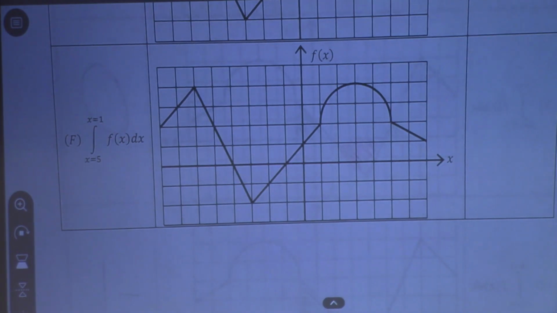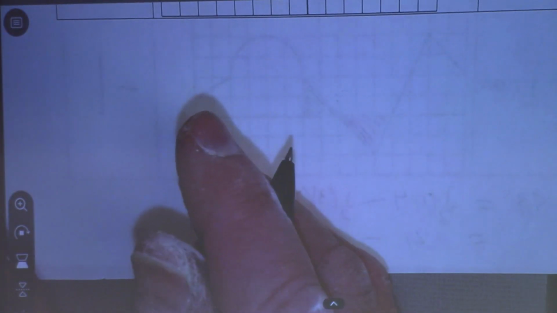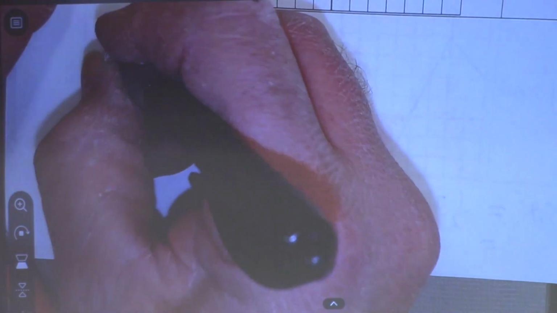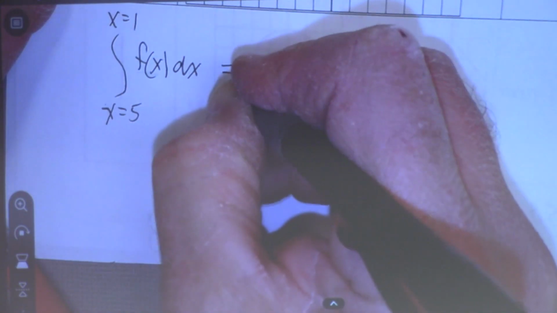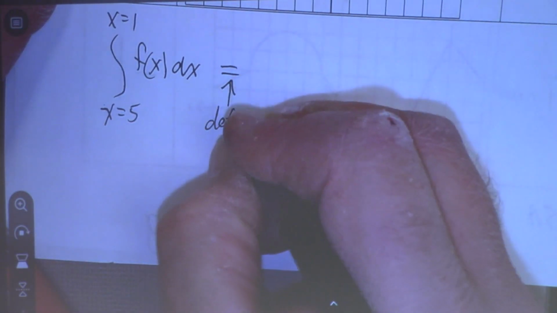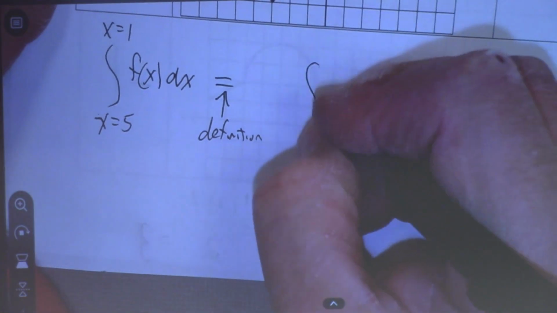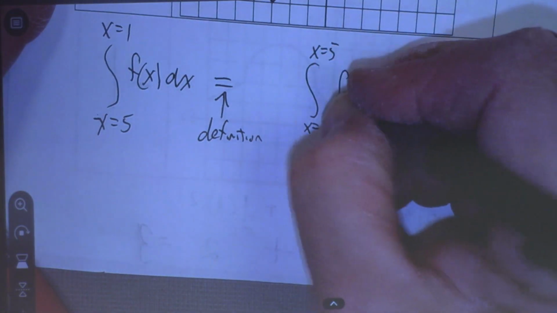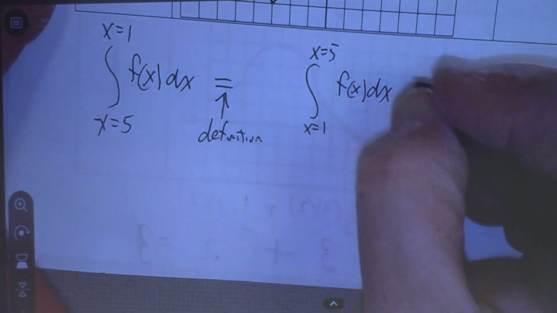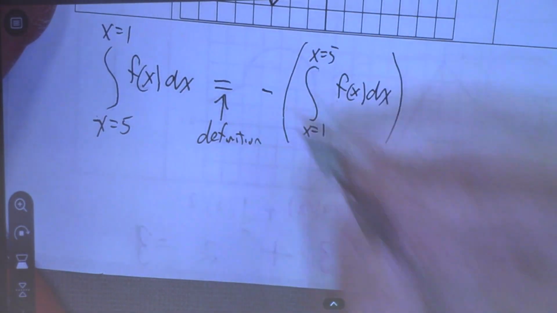what this means is this is defined to be, it means this, from x equals 1 to x equals 5, the integral, find that integral and then stick a minus sign in front of it.